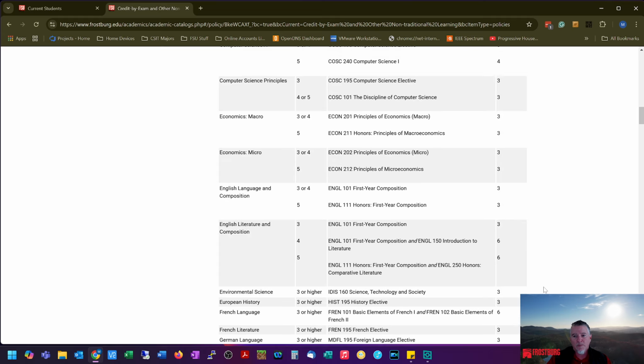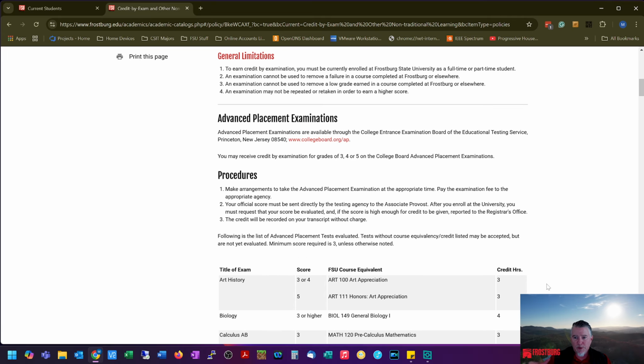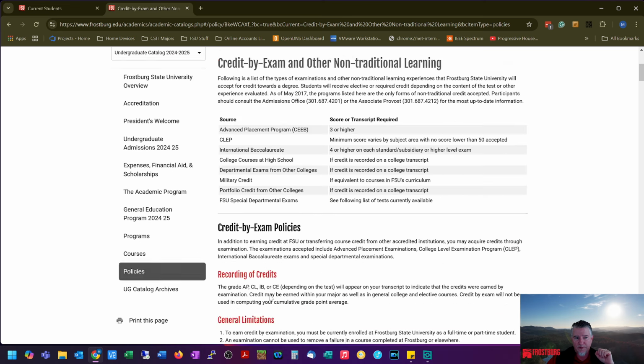But in general, let's say you transfer from another institute, and you come here and you want to know, okay, are they going to count my art history? Most likely, if they accepted it there, we will accept it here. But it is an AP, so we don't have to. You have to resend your AP scores from the College Board to Frostburg State University.